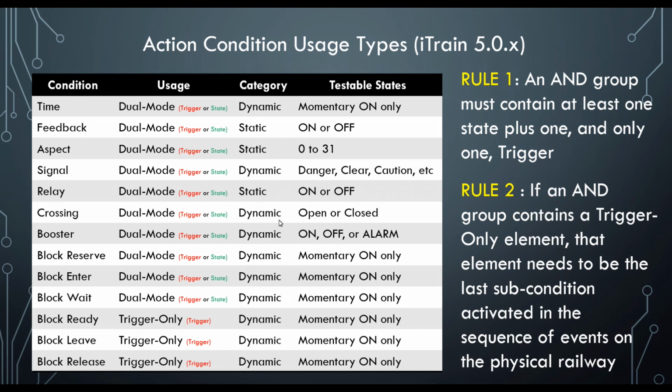So, very simple, we have static elements which can be used more or less as we like in any order and in any number in an AND group. Dynamic elements often need a little more care and attention about how many are being used together, their order in the sequence of events, and we need to know exactly how they operate.